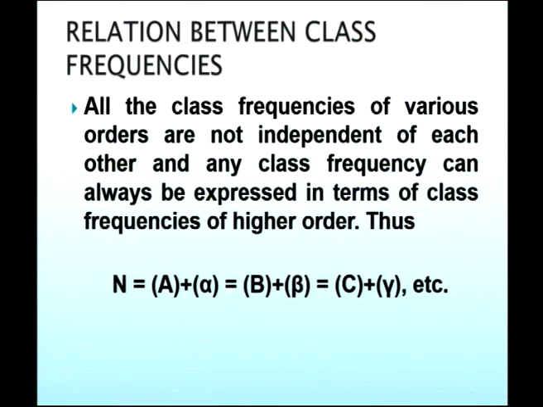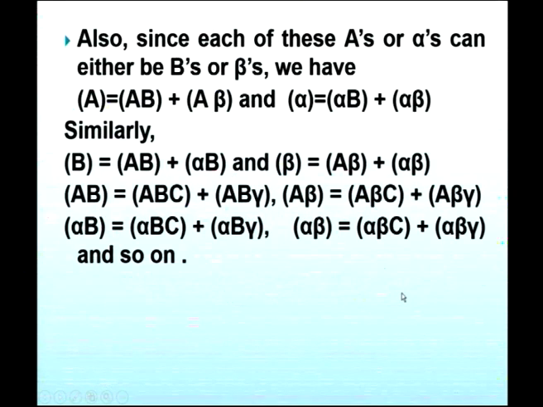So, class frequency A and class frequency alpha together represent N. Similarly, with respect to attribute B, class frequency B and its contrary beta. Similarly, with respect to C, C plus gamma, etc. Also, since each of the A's or alphas can be either B's or betas, we have A equal to AB. This kind of relation is very important. We are going to use it for future work.